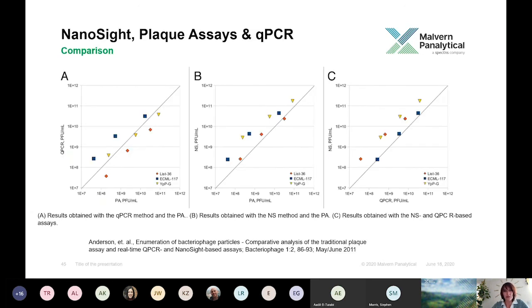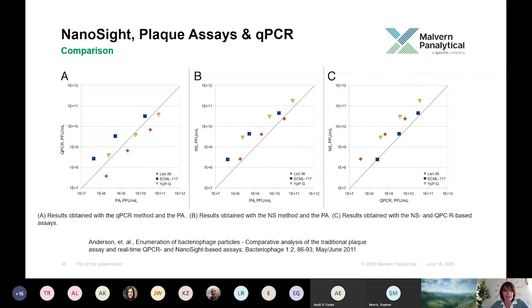And really to finish off, I'm sure you are all interested in how the technique compares when you are analyzing the same sample with biological assays. So Anderson in this paper compared the plaque assay and the qPCR assays for analyzing the phages.